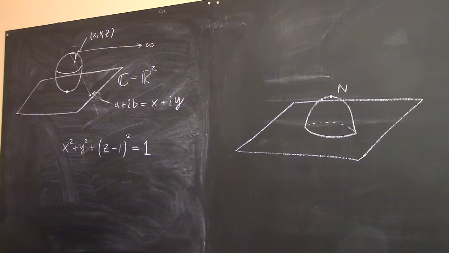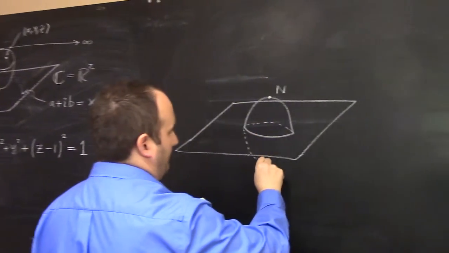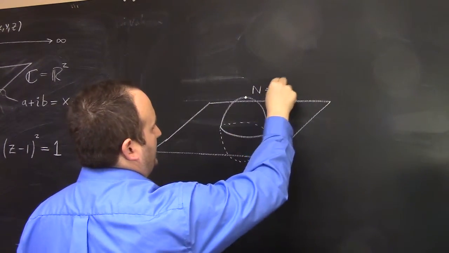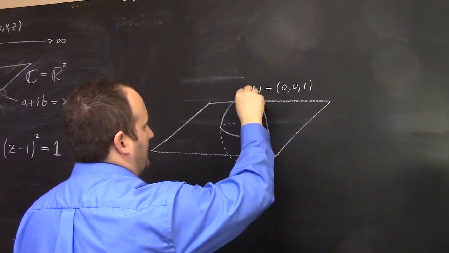Sorry, I'm trying to see here where he puts the stupid sphere. That's the main question for me, right? He says the North Pole is 0, 0, 1. So it is this. Right. Yeah, you're right. It is 0, 0, 1. Okay. So if this is 0, 0. So he's saying you draw.